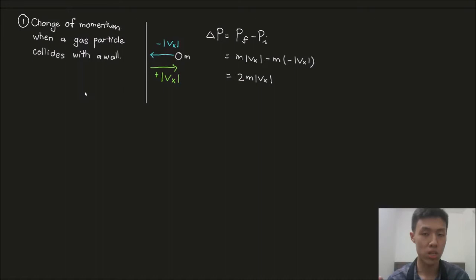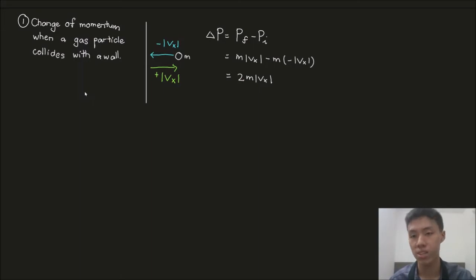So after we know this, what we want to find is how many particles are colliding with the wall within a period of time. Knowing that, we are able to find the total change of momentum of the gas particles when they collide with the wall. We found one particle, how much change of momentum. Now we find how many particles, so we can find the total momentum.